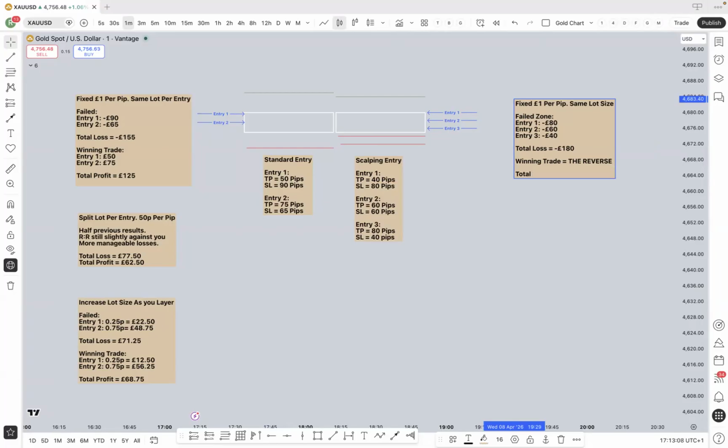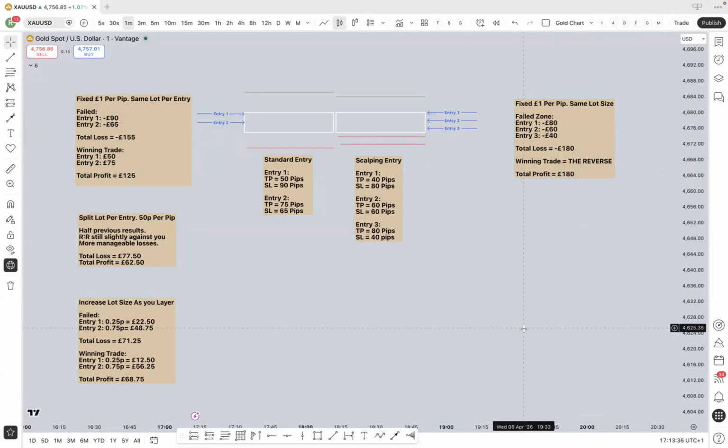Okay, so total profit would equal £180. So as you can see there, you're 1 for 1 in terms of 1 winning trade, 1 losing trade. As long as the 3 areas activate, obviously, you are going to be in profit using this fixed entry model where you're using the same lot size on entry 1, entry 2, and entry 3.